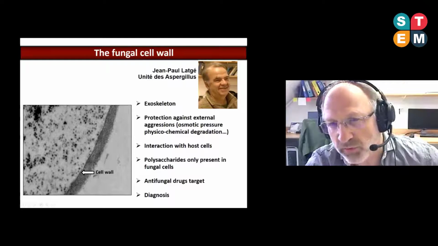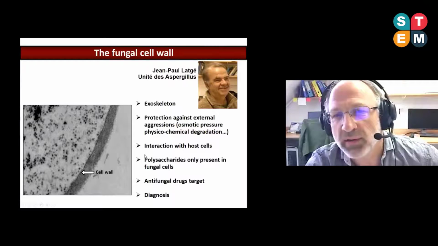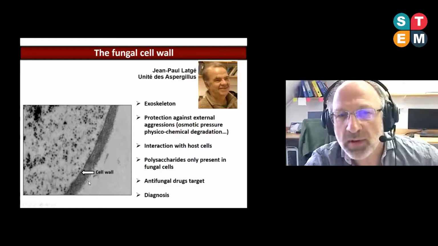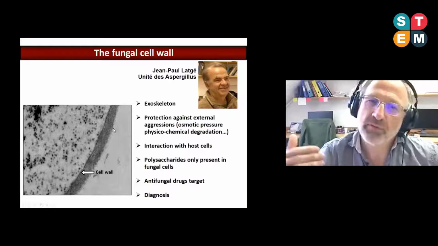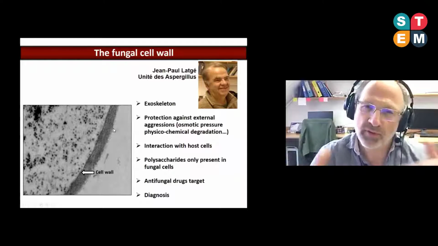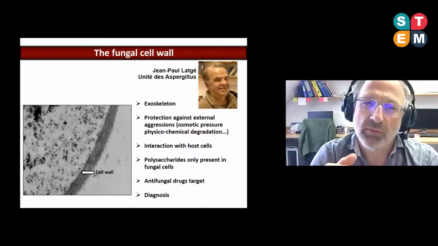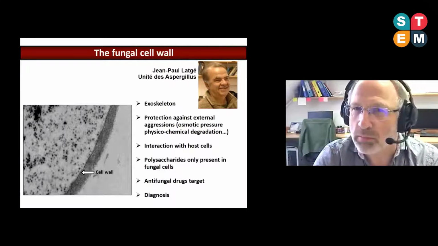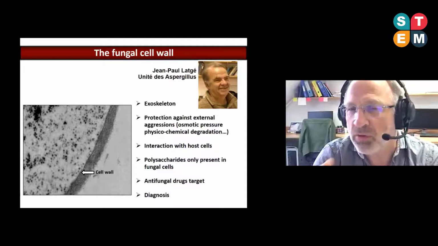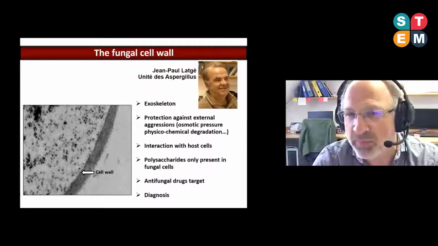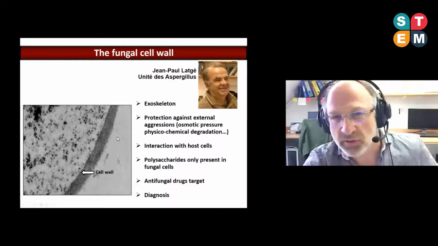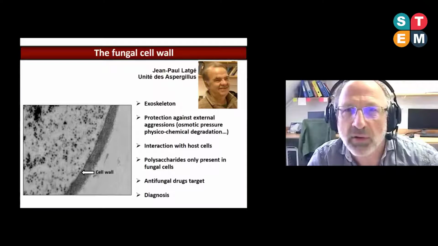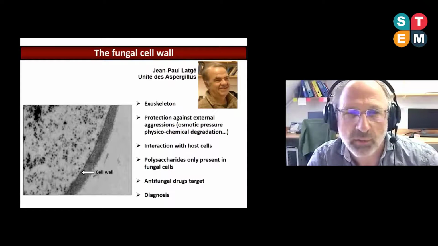Because of its external localization, the cell wall is the first thing that interacts with the host cell, and it is able to induce or modulate the immune response during the infection. It's for that reason we are interested in the analysis of the fungal cell wall.